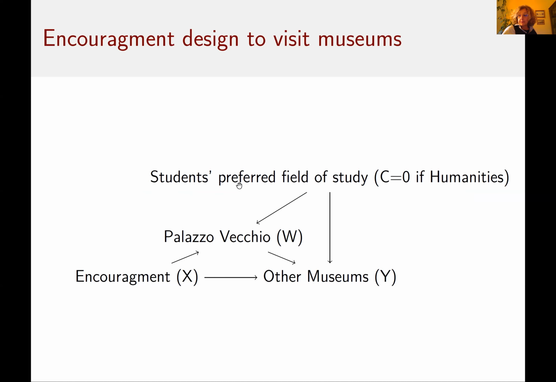This is an experiment which was run in Italy, in particular in Florence, where the idea was to design an encouragement experiment to increase youth attendance of museums and to exploit the huge cultural heritage in the town of Florence.